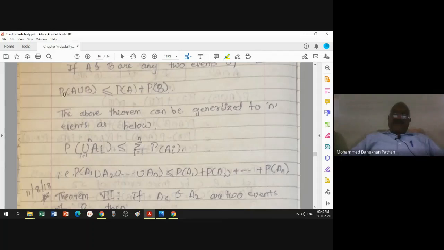Probability of union of A i, earlier it was a union of two, now it is a union of n events, is less than or equal to the summation of P of A i.